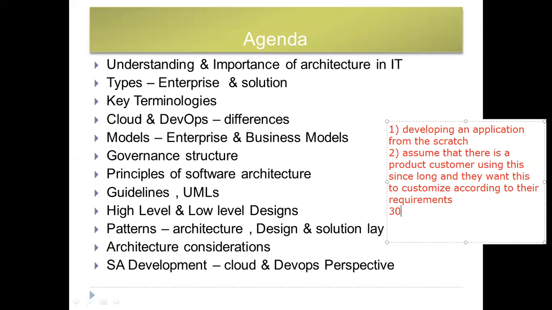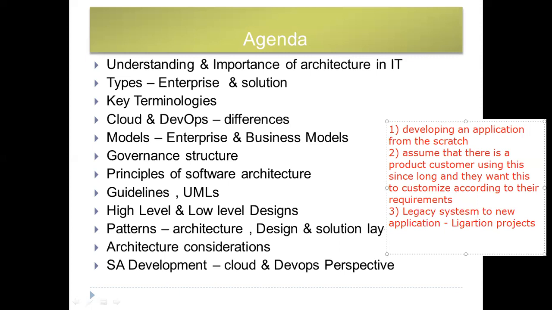Now, the third one is legacy system to a new application. This is what we call migration projects. Migration projects means there is an existing legacy system. Let's say, for example, there was an existing mainframe application which customers were using for a very long time, especially in the field of healthcare.